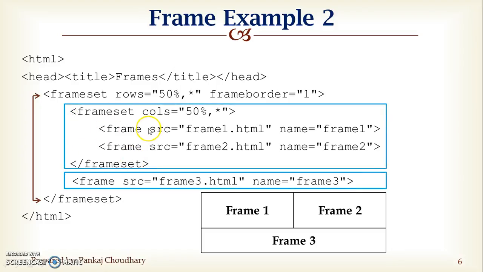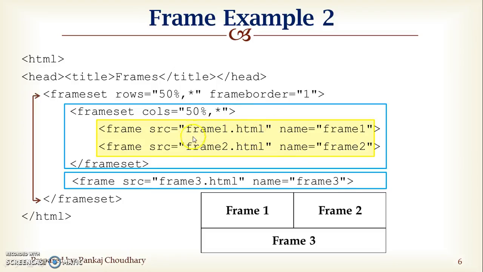The first row has 2 columns, so that's why we have used a frameset here. This frameset specifies cols equal to 50% for the first frame and the remaining asterisk for the second frame. To create this, we require frames in this frameset. So frame 1 will open the frame1.html file.